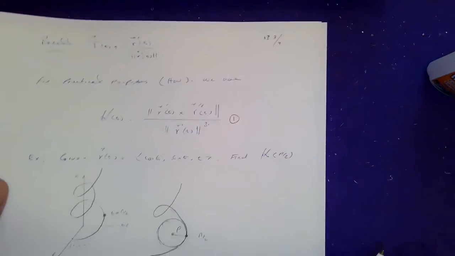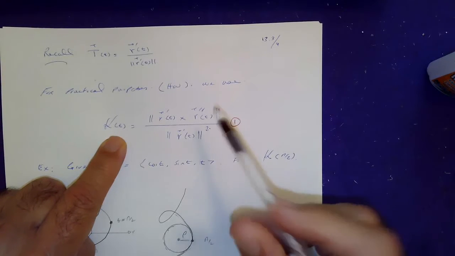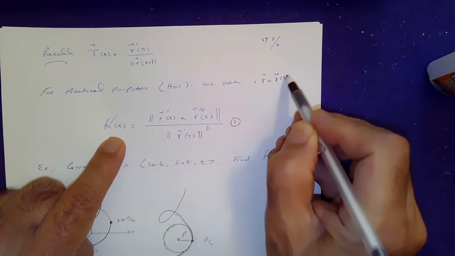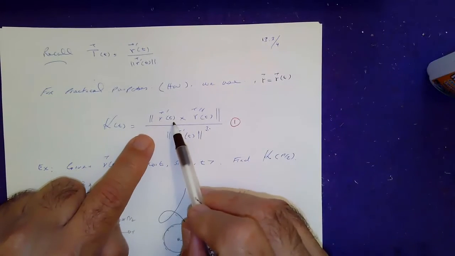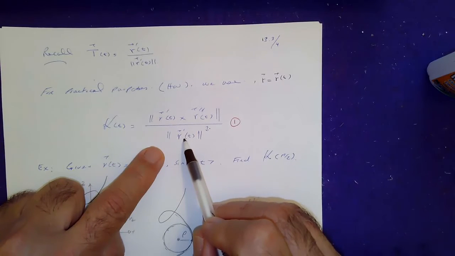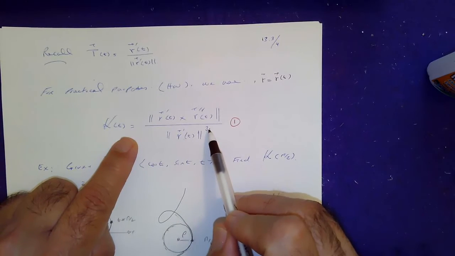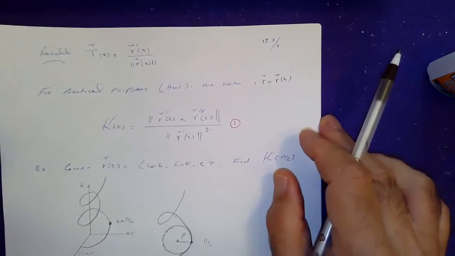Instead, we use this nice formula, which says the curvature as a function of t, provided you are dealing with a parametric equation where the parameter is t, is the magnitude of r prime cross r double prime over the magnitude of r prime to the power of 3. This is a very nice formula which directly finds the curvature without knowing what the unit tangent and arc length are.